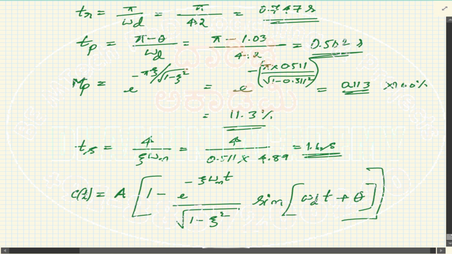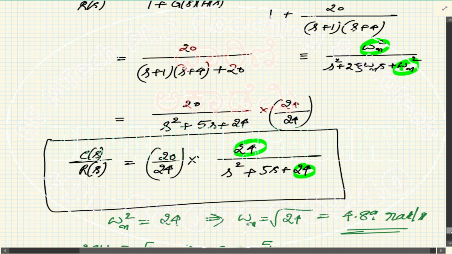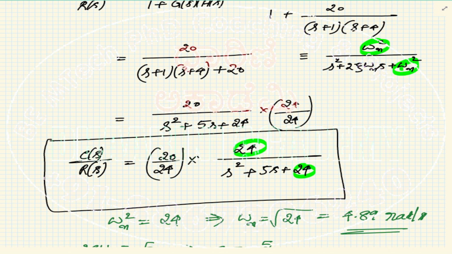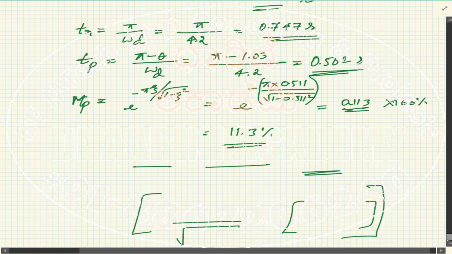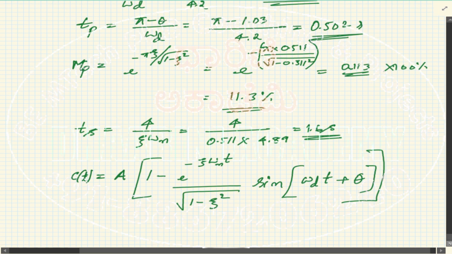So how do you get the A part? You will be able to identify the A over here. It's other than the transfer function, so this becomes the A. So 20 by 24 is the A part.